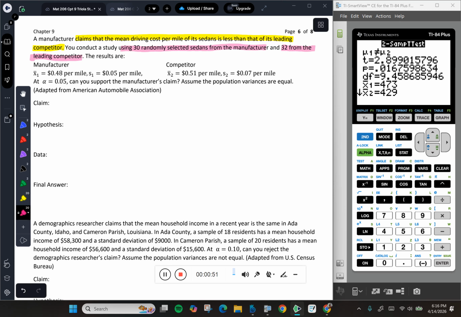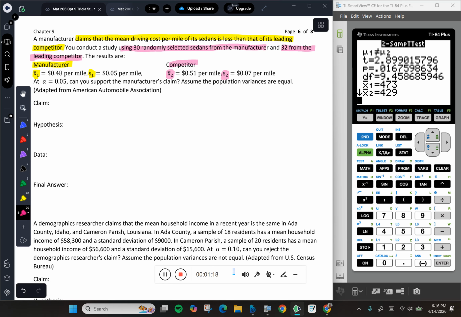Now I want you to notice something: the manufacturer, we're defining as the ones. The competitor, we're defining as the twos. So we don't get to choose here. But the reason I need to know who's one and who's two is because when I set up the claim about the population means, and when I set up my hypotheses, ones and twos matter.